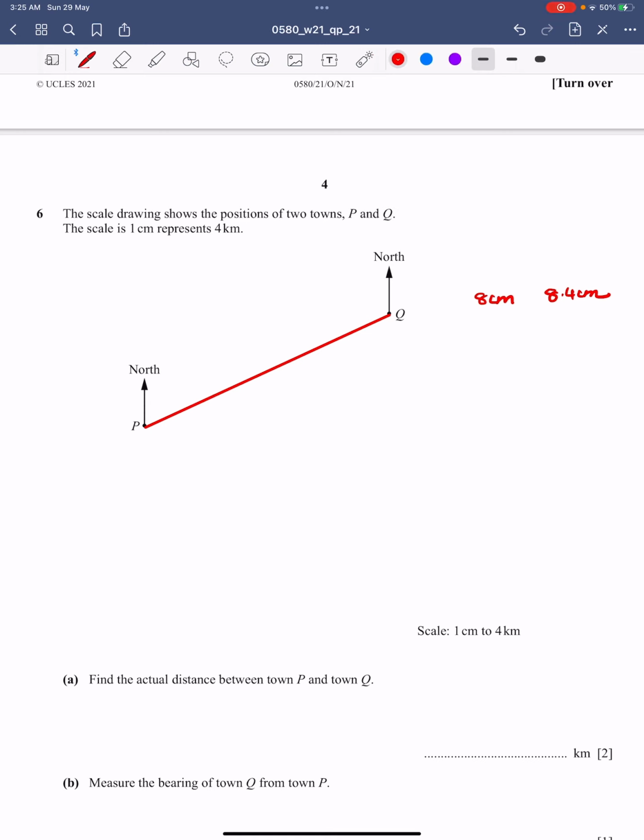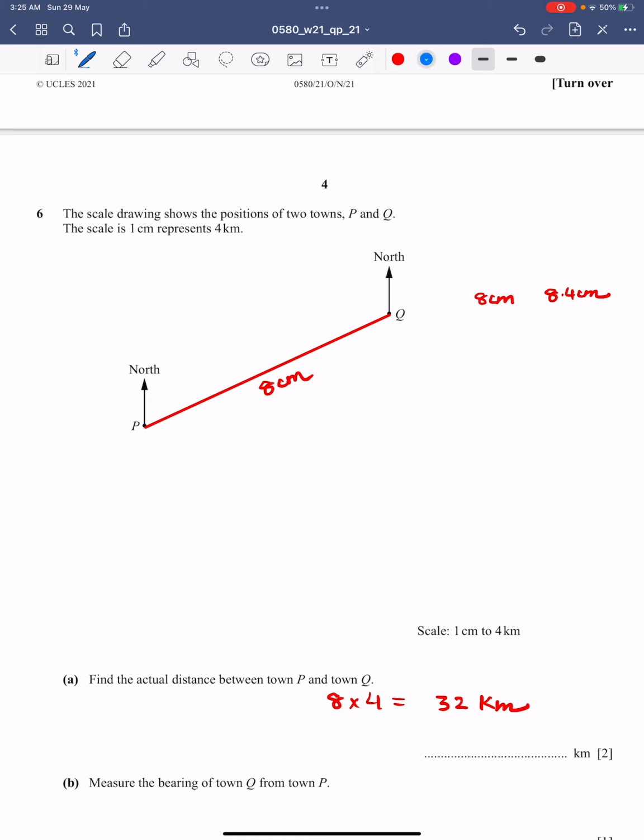So let us assume the distance was 8 centimeters here. So I'm going to do 8 into 4 because 1 centimeter is 4 kilometers. 8 centimeters will be 8 into 4, 32 kilometers. Depending on your measurement, you may have 8.2, for example.